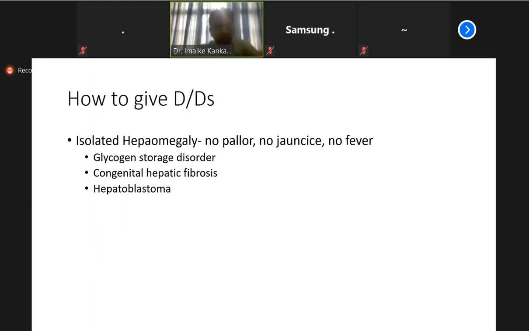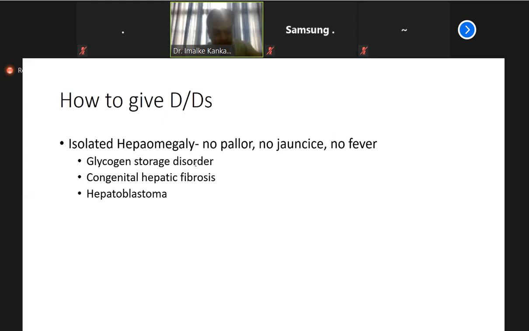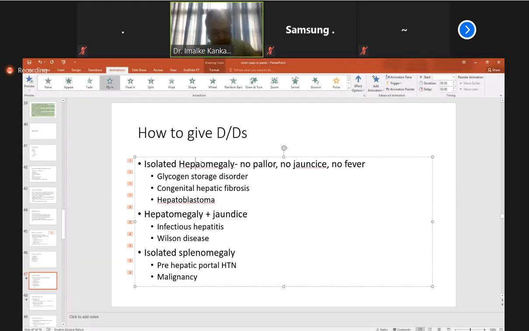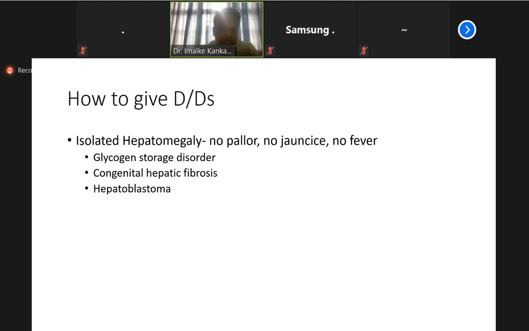Okay, isolated hepatomegaly. That's isolated hepatomegaly, no pallor, no jaundice, no fever. This is a common scenario with a huge liver, but nothing else.